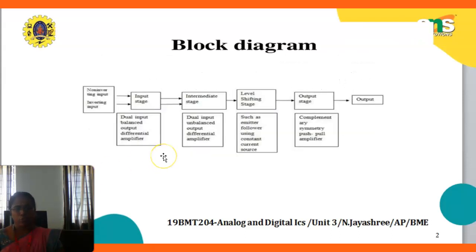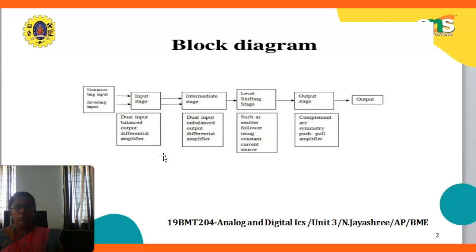This is the block diagram of the Opamp. The first one is the non-inverting terminal input and inverting terminal input, which are connected to the input stage. This stage gives a dual input balanced output differential amplifier. Next, the output of the input stage is given to the intermediate stage, a dual input unbalanced output differential amplifier.